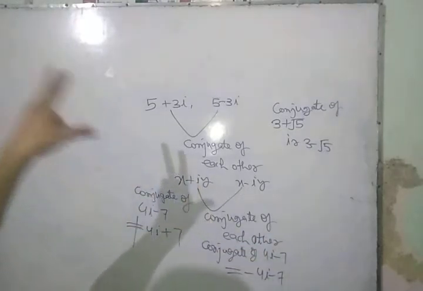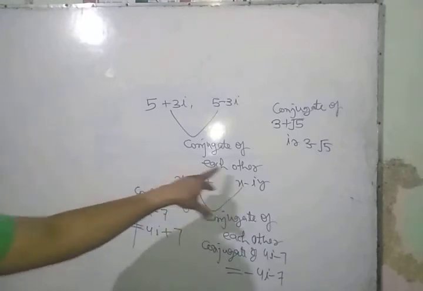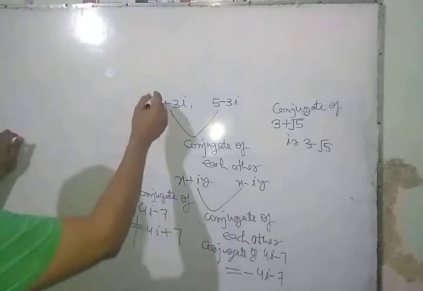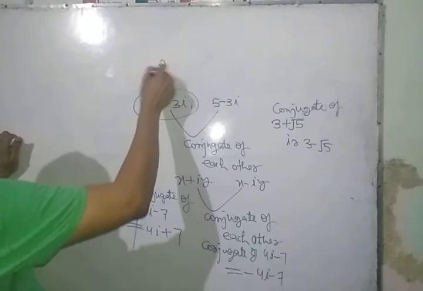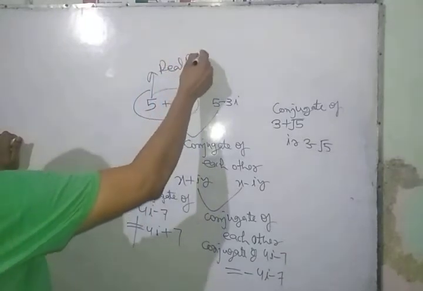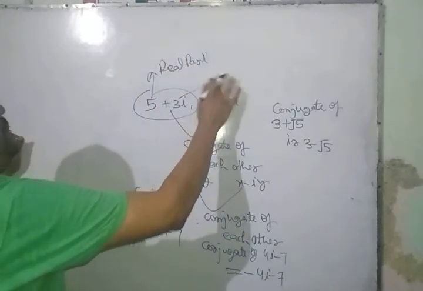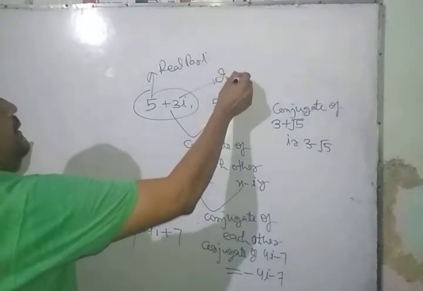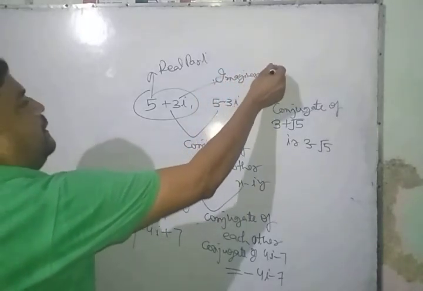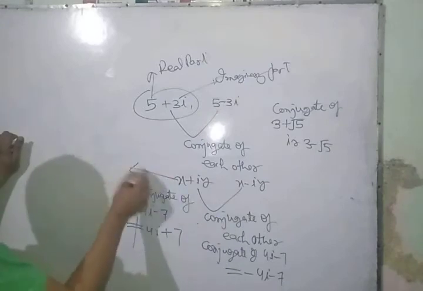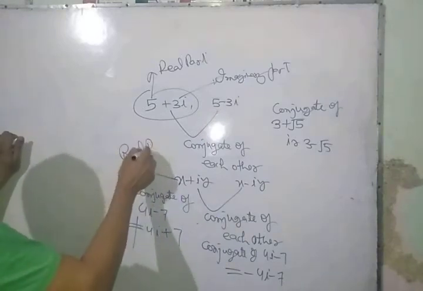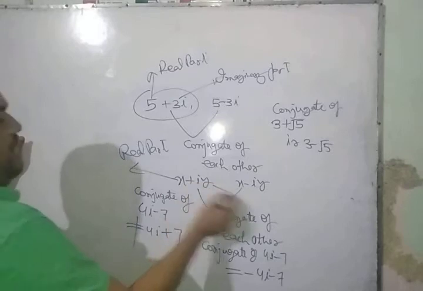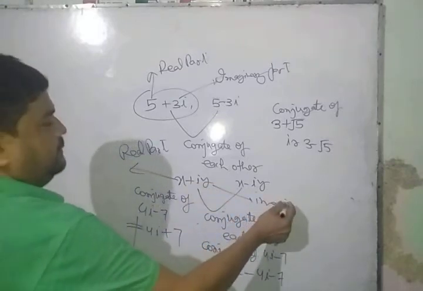In a complex number there are two parts. One is real part, one is imaginary part. In the complex number 5 plus 3i, 5 is the real part and 3i is called imaginary part. Similarly, in x plus iy, x is the real part and iy is the imaginary part.